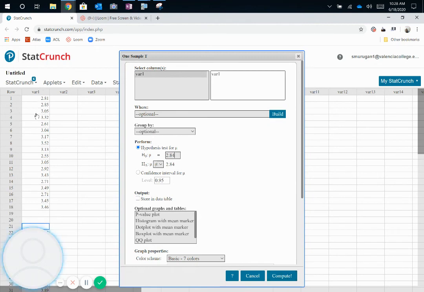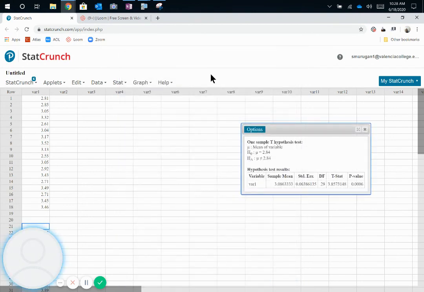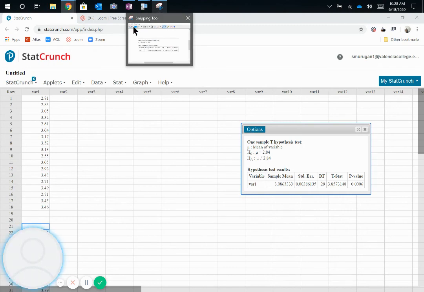Just think, you would have to put all of this data in a list in the TI-84 and do the same test if you wanted to. I'm giving you an easier alternative here to simply use StatCrunch for this. What's the point of having free technology with your program and not using it?